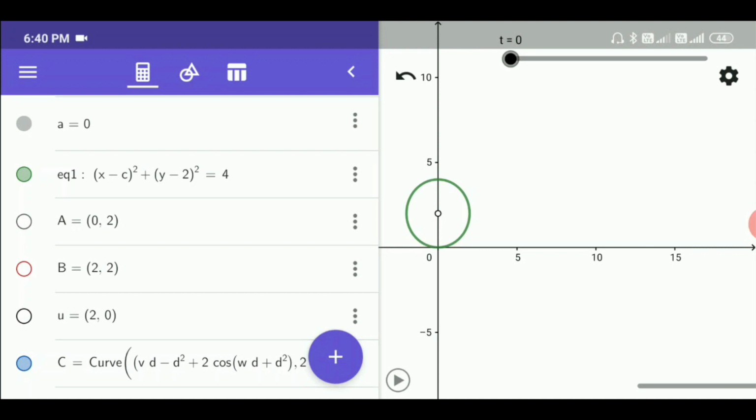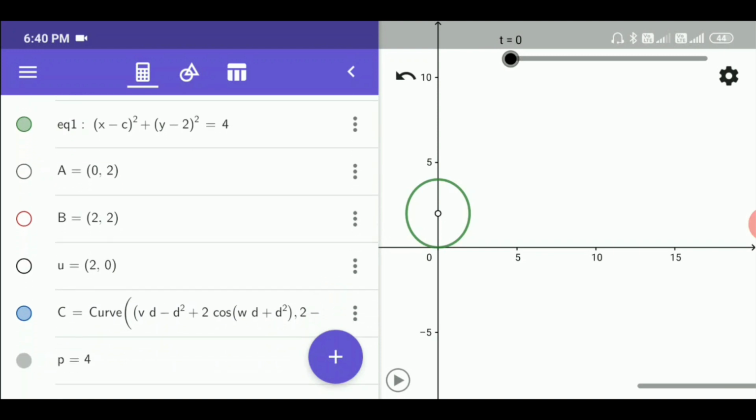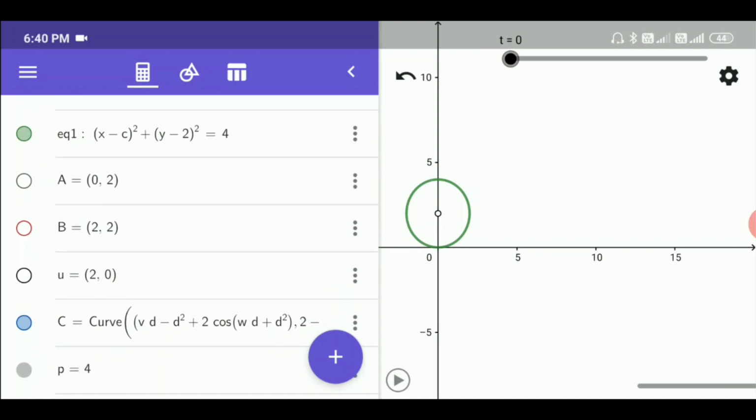Now we will consider a point on the circumference. Let's take it as a red one. We have an arrow here to indicate that point so that you can see the rolling more clearly. The main thing is that we have to introduce 3 different vectors here to represent 3 different kinds of velocity.